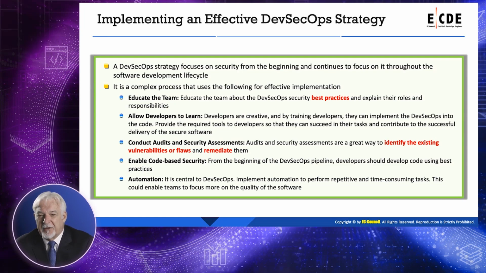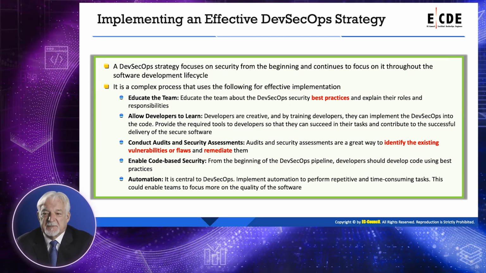You have to allow developers to learn. They're very creative by nature, and by training the developers, you allow them to implement DevSecOps into their code. You provide the required tools to developers so that they can succeed in their tasks and contribute to the successful delivery of secure software.